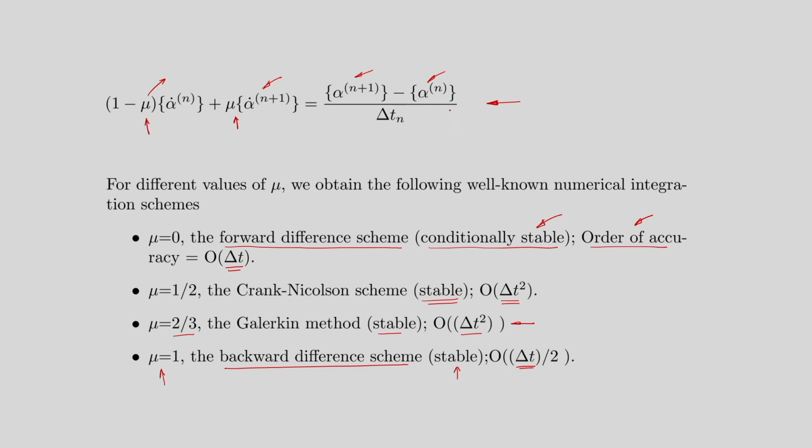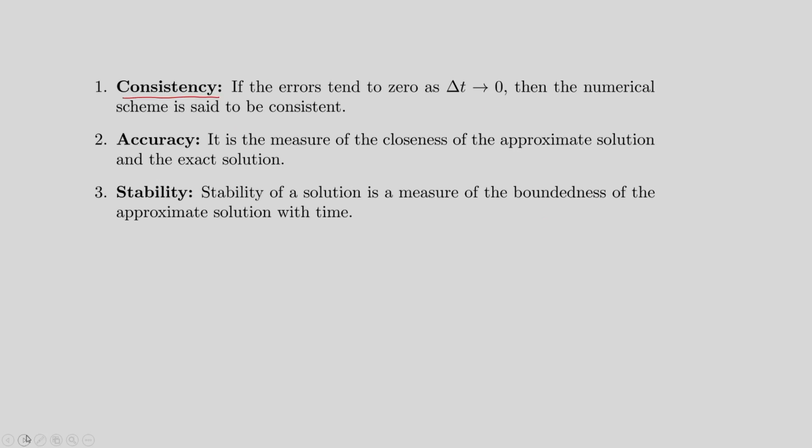Obviously, in this process we are neglecting the higher order terms, and those higher order terms are going to contribute in terms of errors. Now, as delta t becomes smaller and smaller, if those errors become smaller and smaller, then we say that this scheme is consistent.